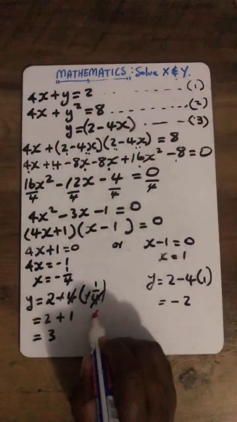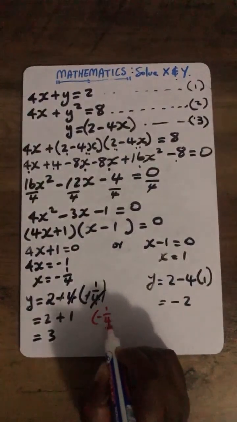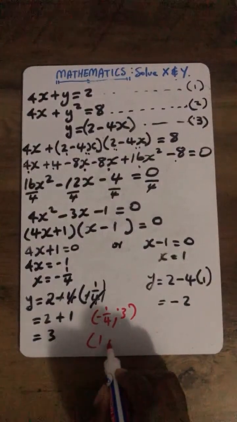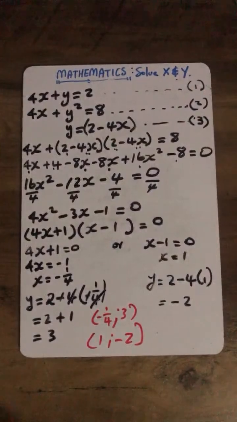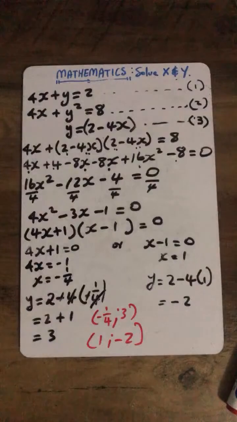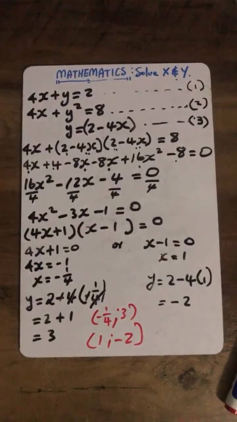So we've got our x value being negative 1 over 4, its corresponding y value being 3, and then we've got x being 1, and its y value being negative 2. Let's see, are you getting a difference or the same answer?